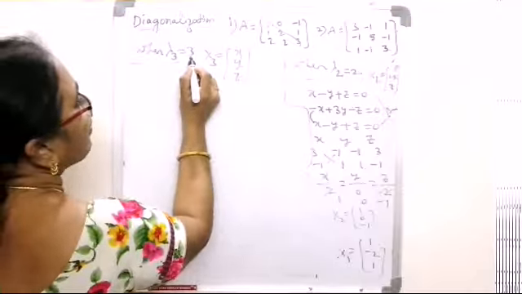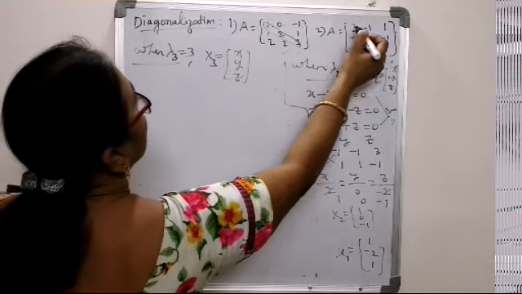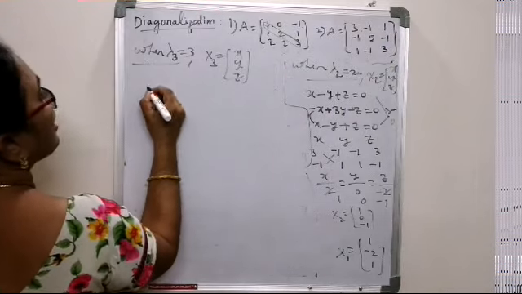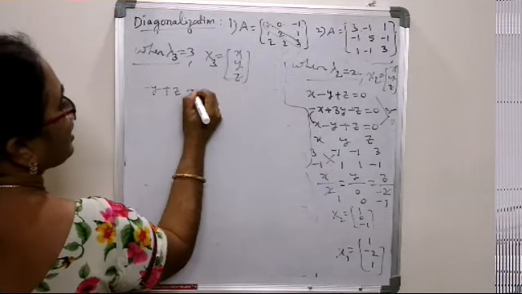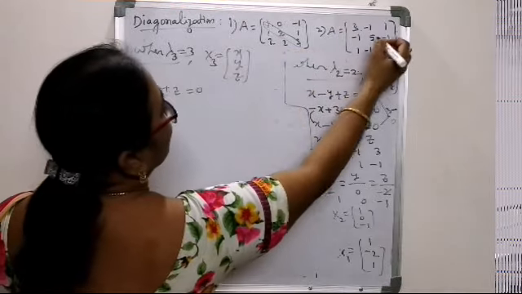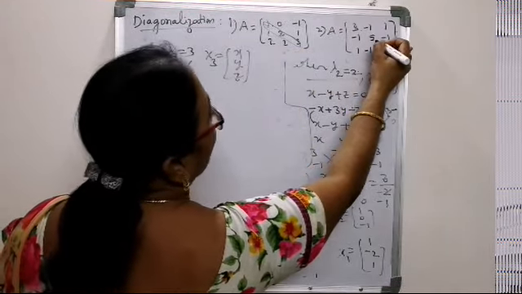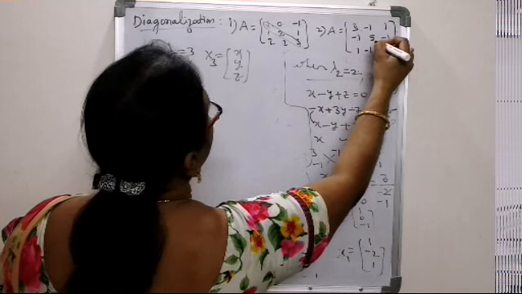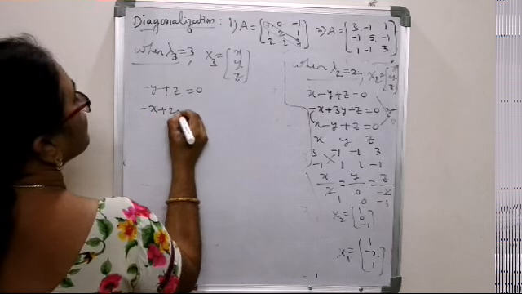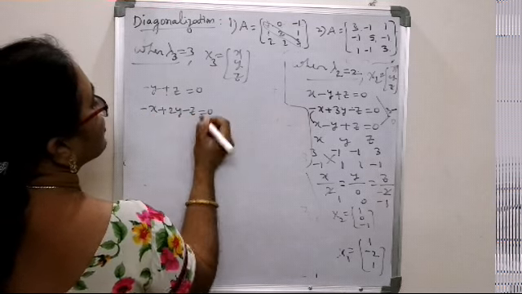Corresponding to lambda equal to 3, the homogeneous system, we can write from the first row, 3 minus 3 is 0, so 0x minus y plus z equal to 0. From the second row, subtracting 3 from the second diagonal element, minus 1, 2, minus 1, it is minus x plus 2y minus z equal to 0.